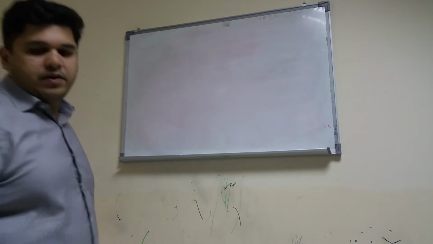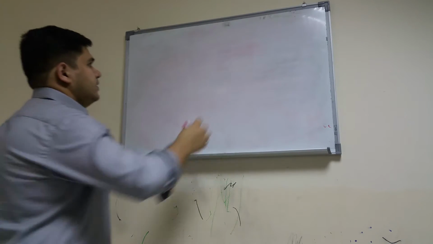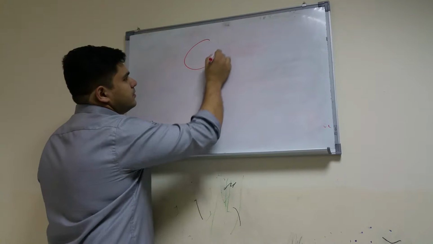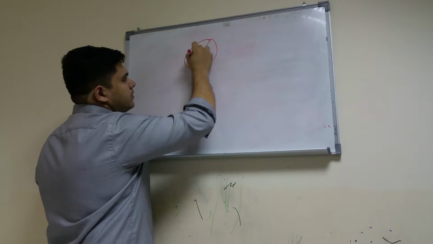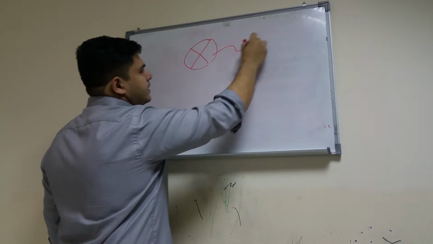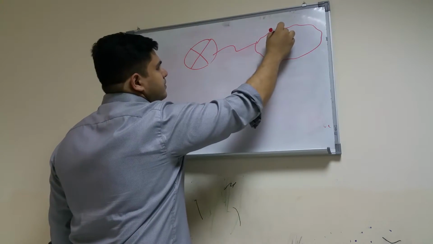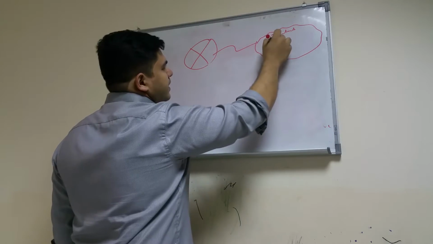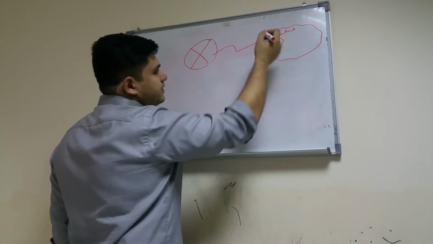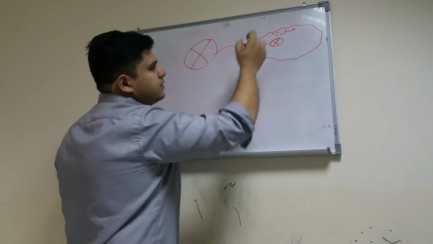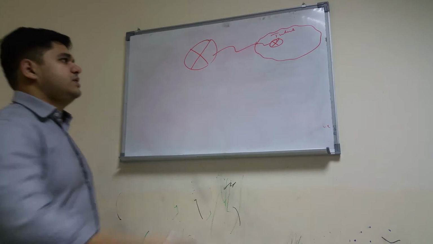Let's see, I will design one lab. Suppose this is your router, and it is connected to the internet, and in the ISP there is also one router. This is the cloud.